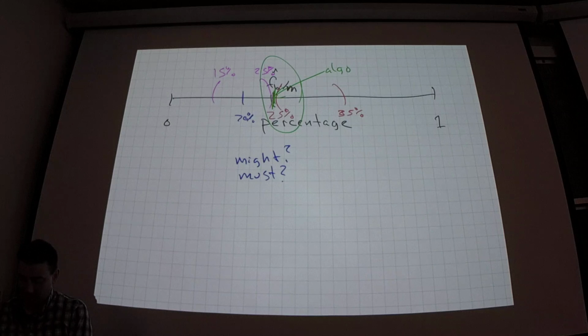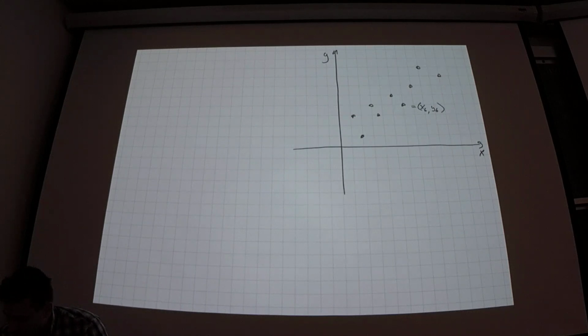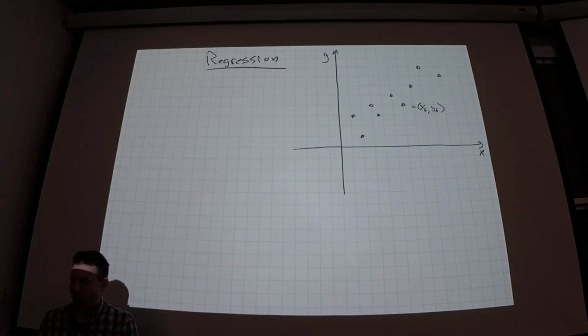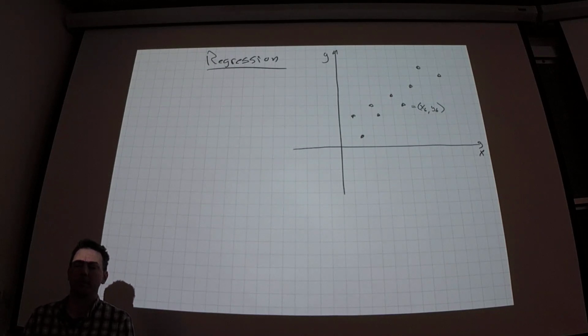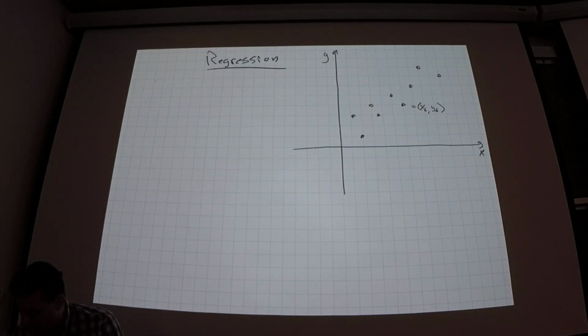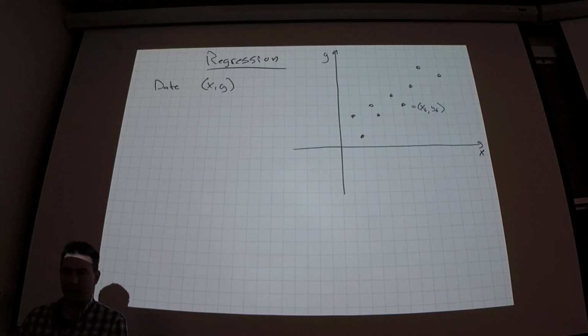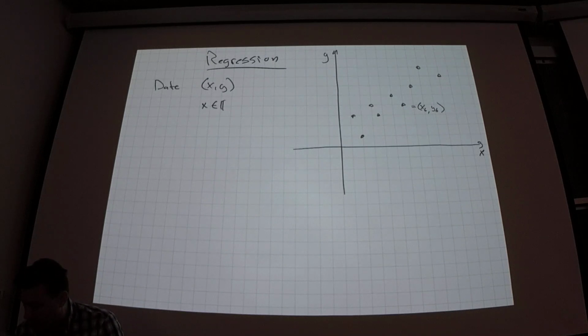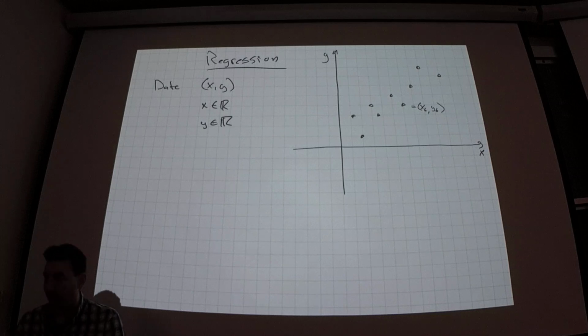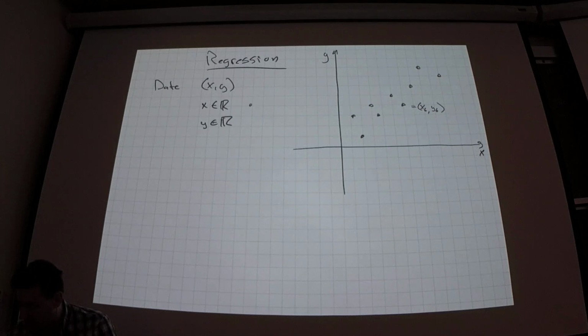Good. So, okay. So, regression. In the basic version of regression, the data is going to be given as x, y, where, I'll start with the simple form, x is going to be a vector in R and y is also a vector in R. Okay, and so this will be the explanatory variable, and this will be the dependent variable.